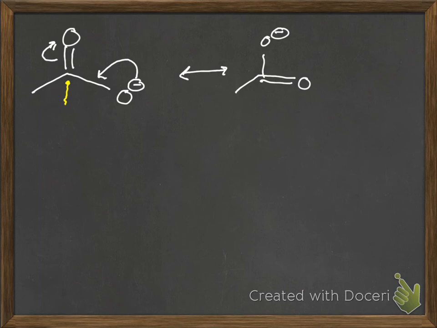Now, if you're looking at that and you're saying, wow, that looks exactly the same, like we just rotated along an axis, you're not entirely wrong. The 2 resonance forms are very, very similar. All right, so these are both called resonance contributors.